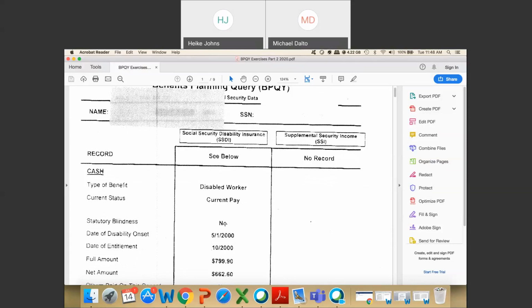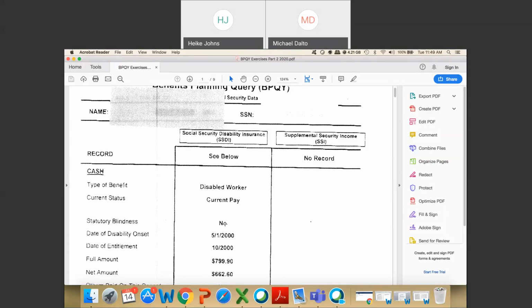If the person had statutory blindness and received only SSI, then it wouldn't be an issue for them to be doing SGA within 12 months of disability onset. It's an exception just for blind people getting SSI. We wouldn't have to worry about SGA within 12 months of onset.